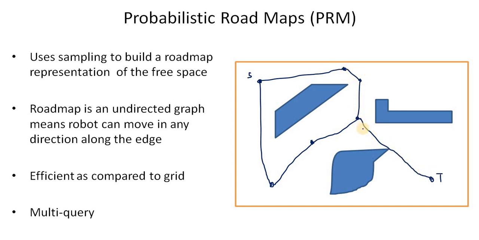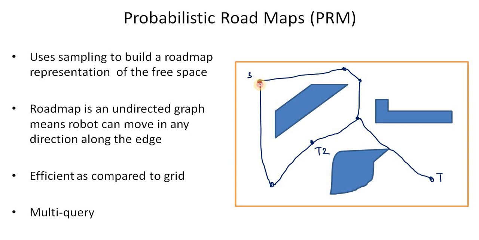on this graph to find the shortest path to your target. Let's say after some time you say, okay, this was not the actual target. Actually, I wanted to go here. This is my target too. So now this time you don't have to do sampling and all those things again. This graph is already there. You again use any graph search algorithm, for example, Dijkstra's algorithm.